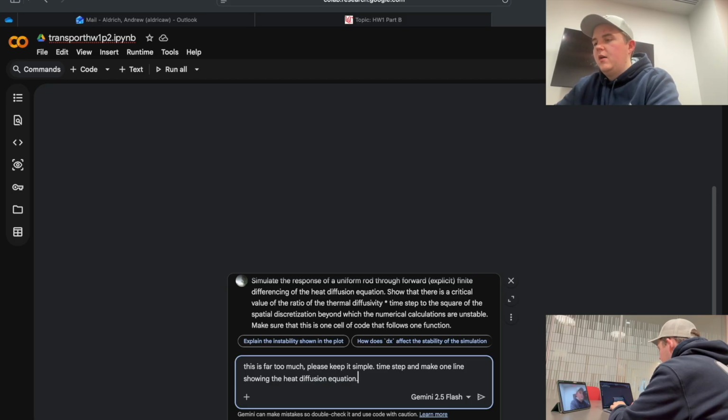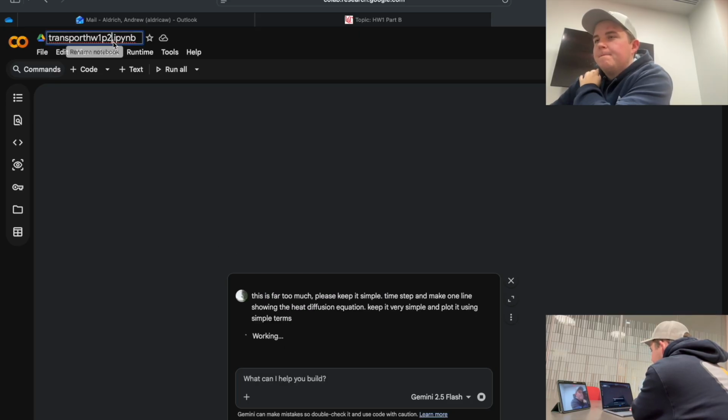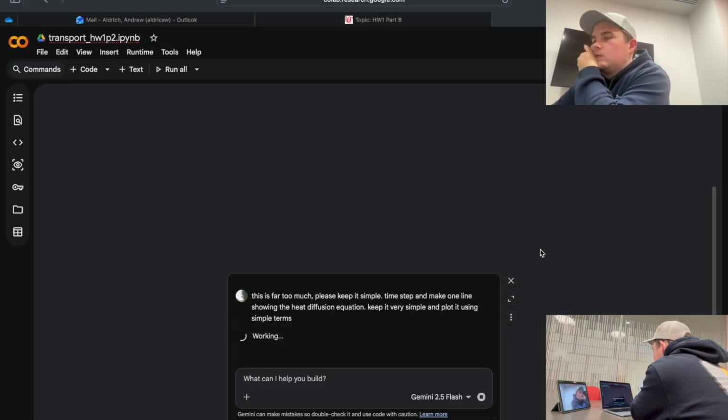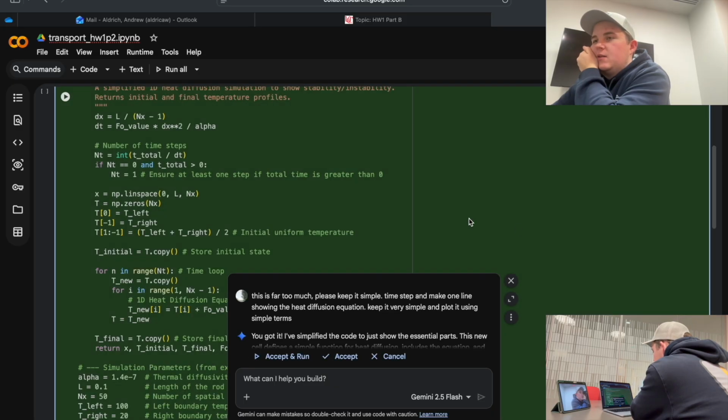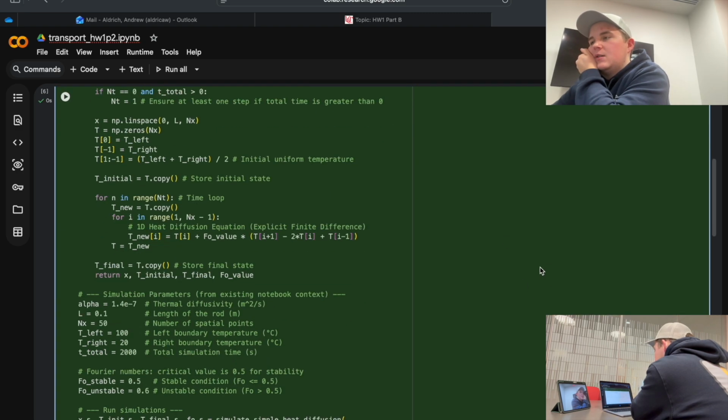Keep it very simple and plot it using simple terms. Hopefully this works this time. See, that's still far too much. I mean, we can run it and maybe I can explain it, but I can already tell. Maybe it's not too much. Yeah, it's too much.